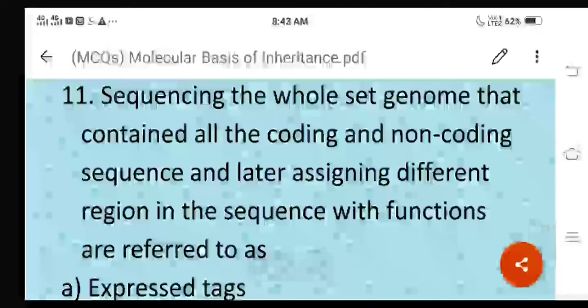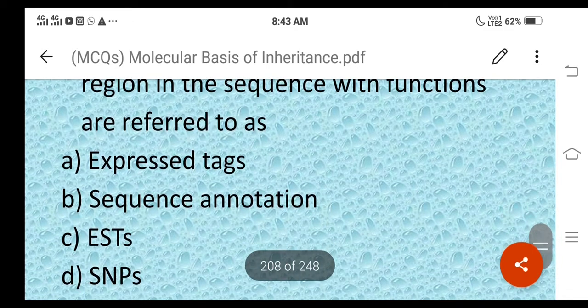The options are expressed sequence tags, sequence annotation, ESTs and SNPs. The correct answer is sequence annotation. So option B is the correct answer.